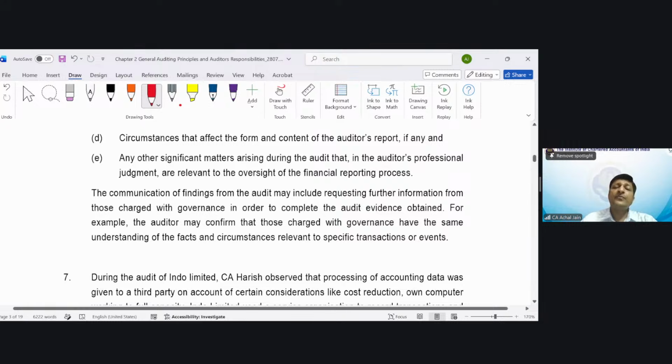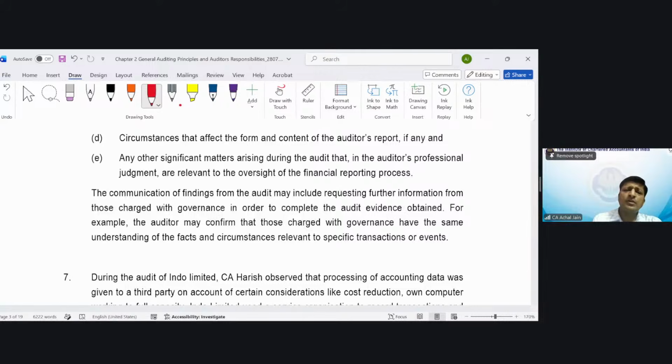Circumstances that affect the form and content of the auditor's report. Any other significant matters arising during the audit, which of course, according to the auditor, are relevant. Communication of findings from the audit may include requesting further information from TCWG in order to complete the audit.